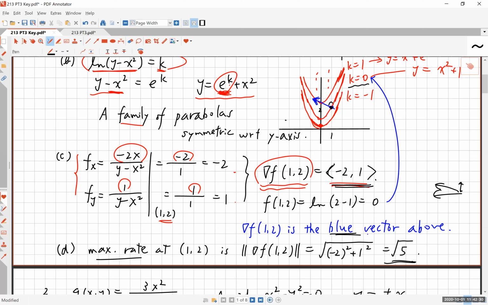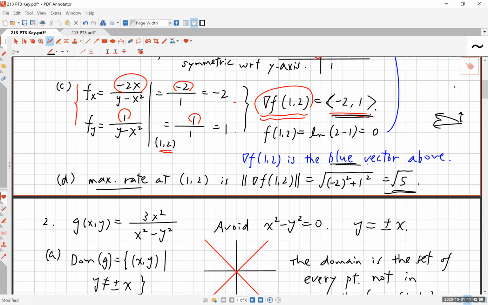By this time, I hope you can state something like this: at the point (1, 2), the direction in which you get the maximum rate of change is the direction shown by the gradient, which is (-2, 1). And that maximum rate of change at this point is the length of that gradient vector, which is the square root of 5. All right, so those are good things to remember.